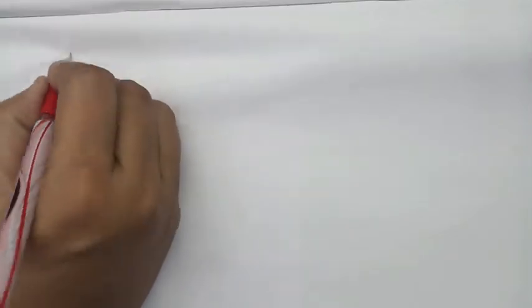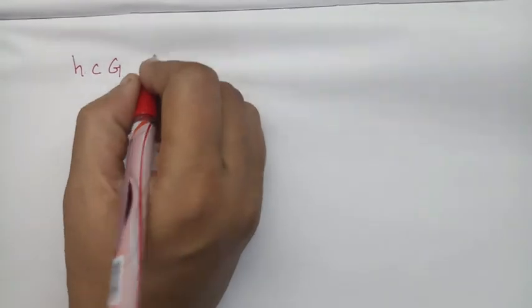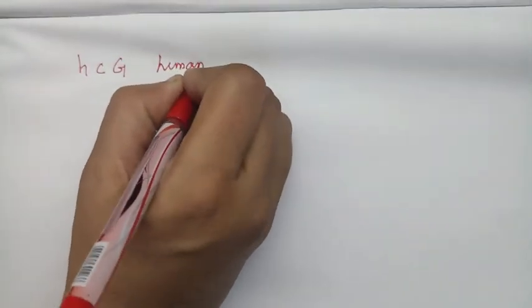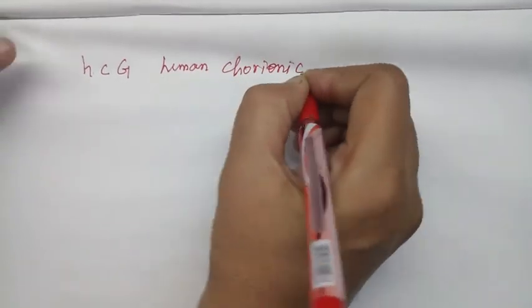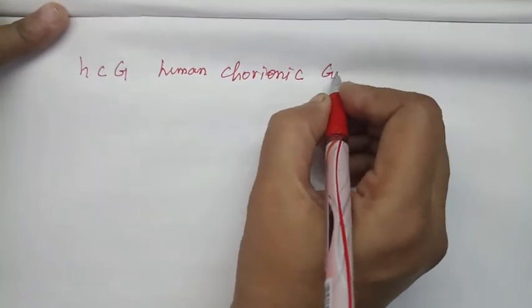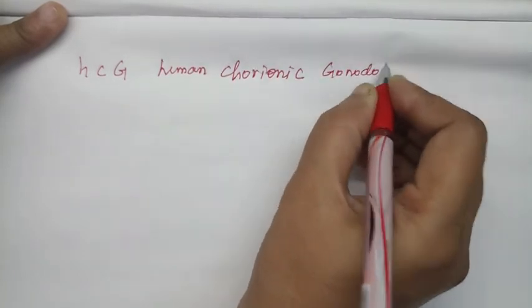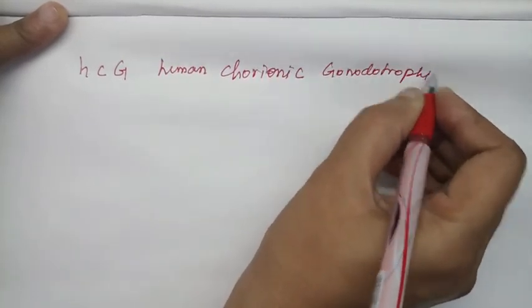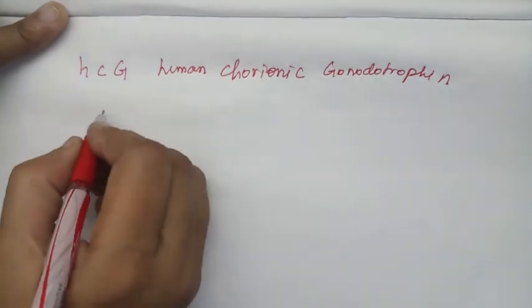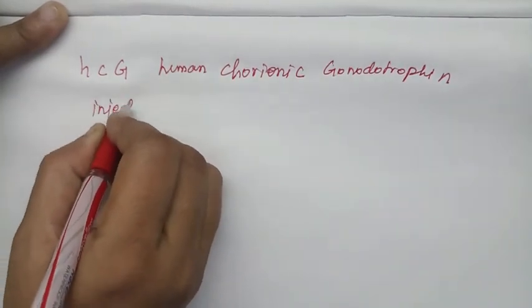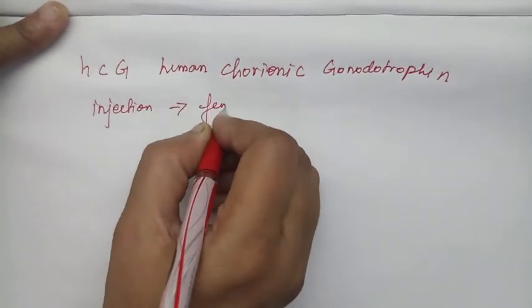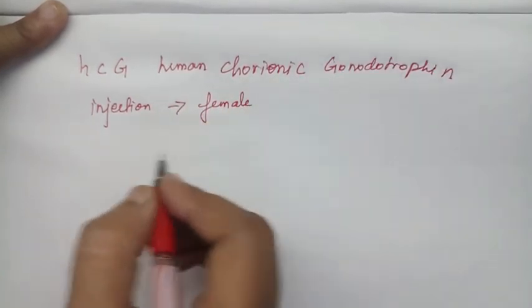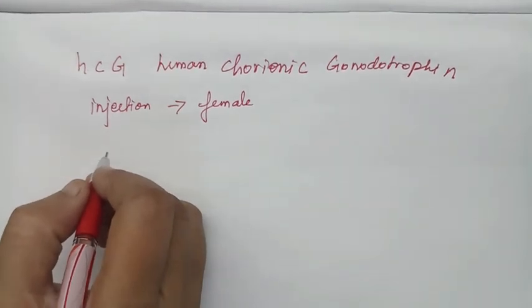First of all, human chorionic gonadotrophin injection is given to the female for the stimulation of egg production.